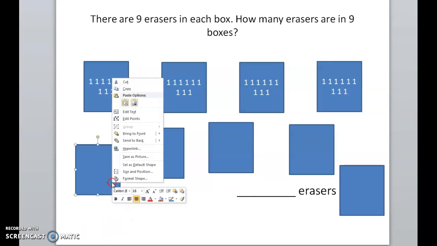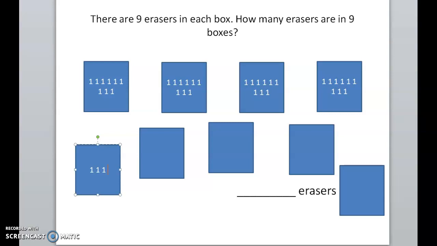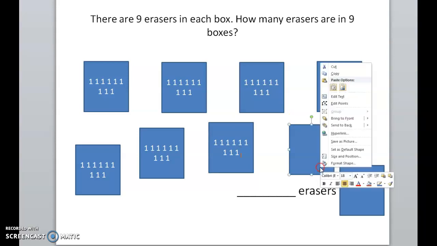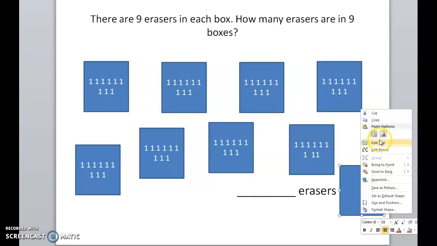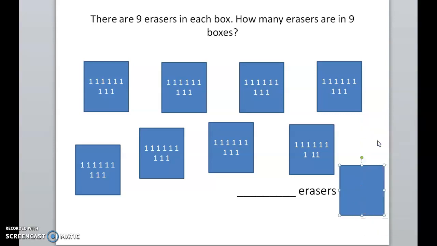Again, all of them are having the same amount in each group. Okay, so we have 9 in each group.